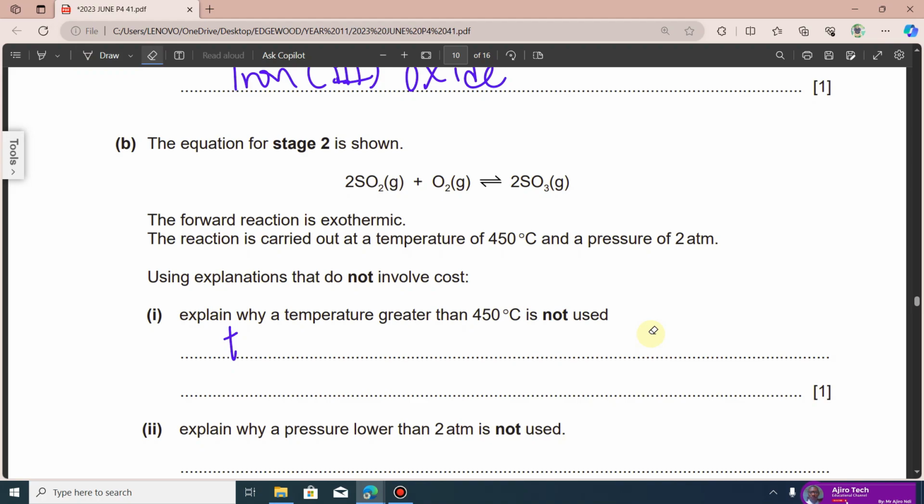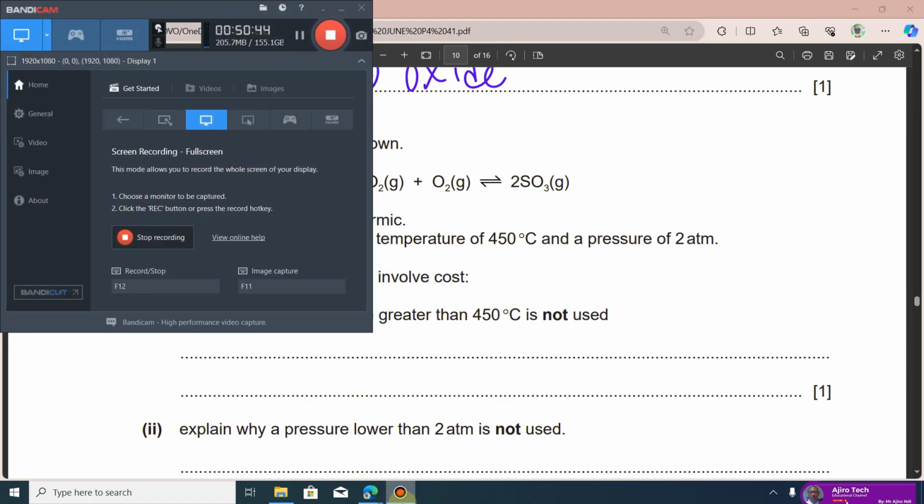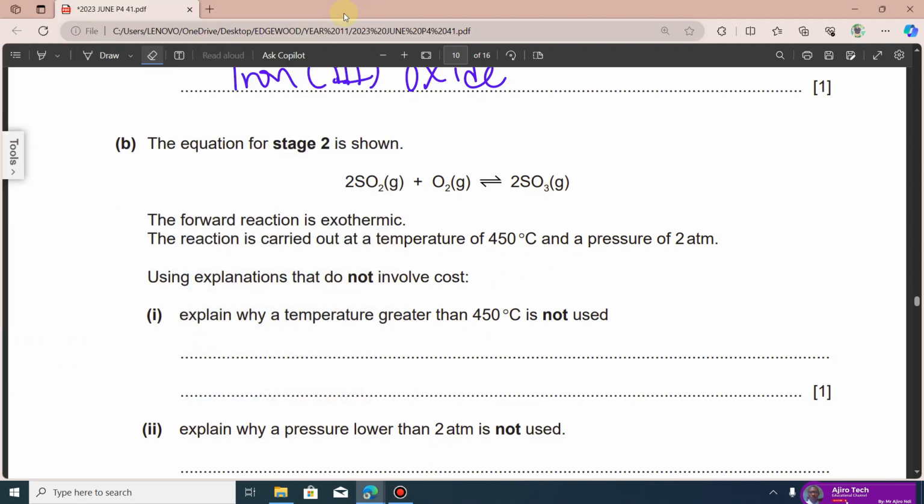Okay, so the explanation is, let's write it properly. Remember that this is an exothermic reaction, and because it's an exothermic reaction, an increase in temperature will simply move the equilibrium position to the left.